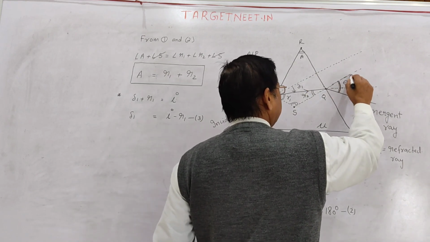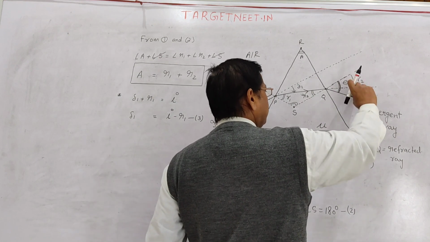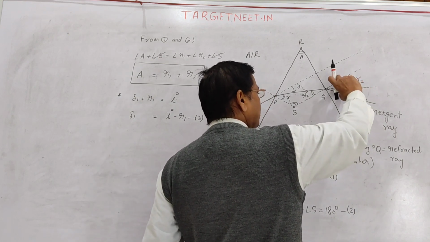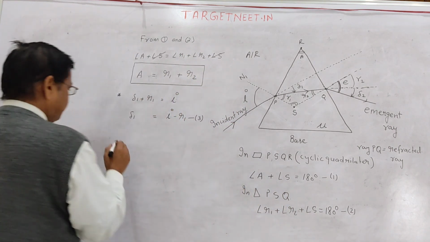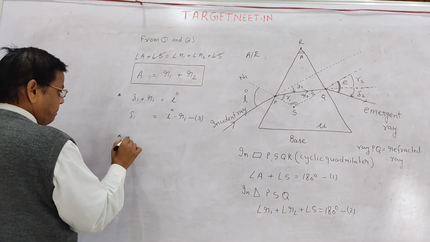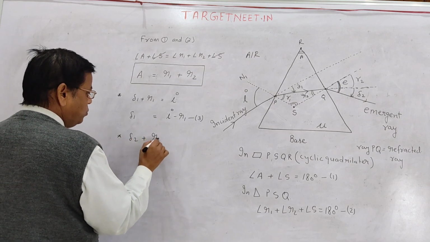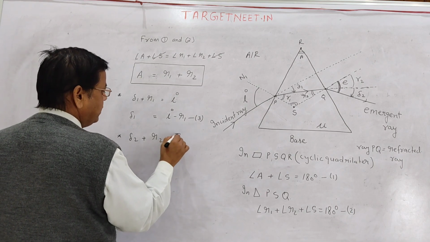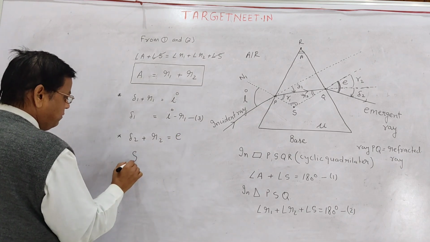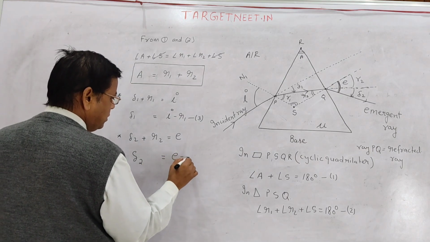So this angle is equal to R2. It means R2 plus delta 2 is equal to this whole angle, that is the angle of emergence. So we can write delta 2 plus R2 is equal to E. So the angle of deviation at the second surface is E minus R2.